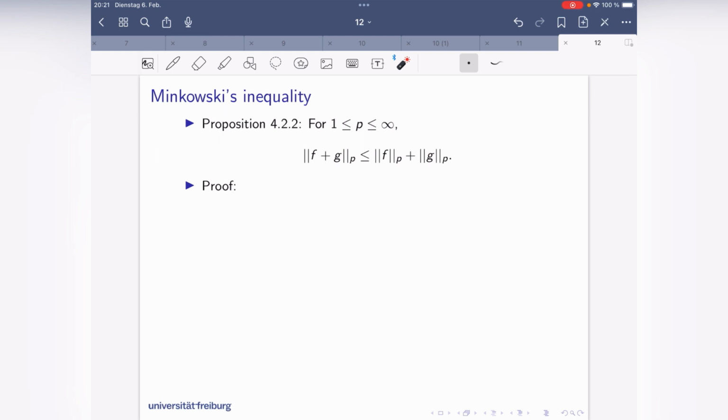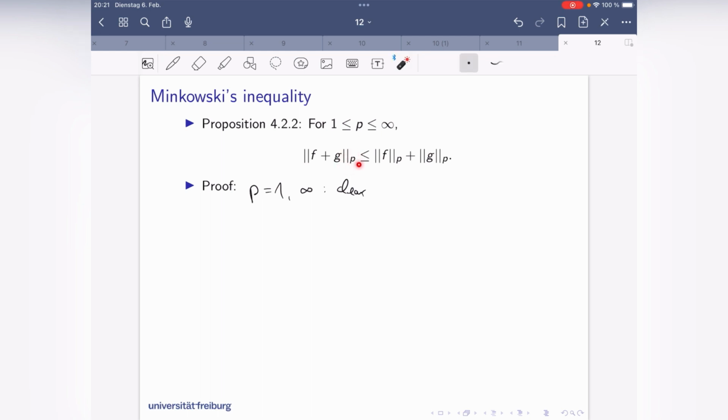Again, something is clear. So if p equals 1 or infinity, the thing to show here is clear.